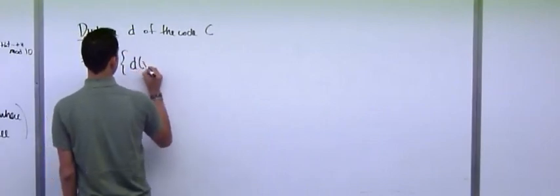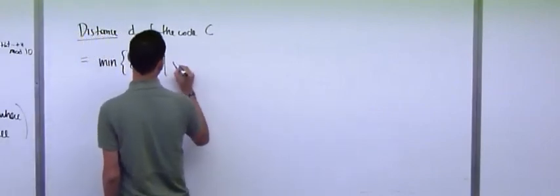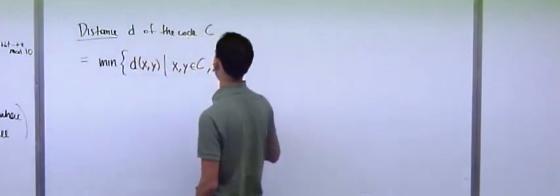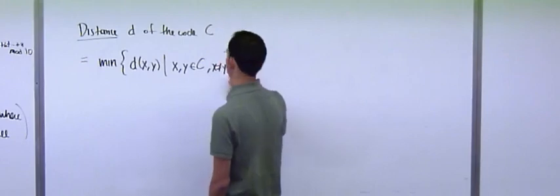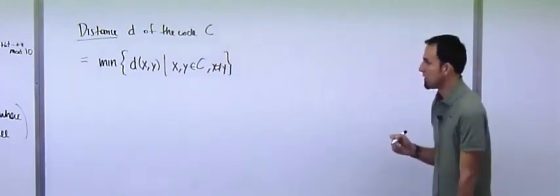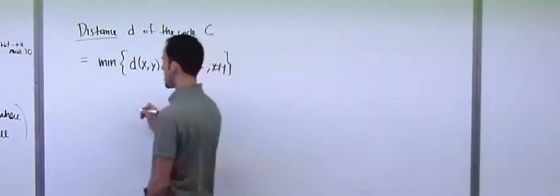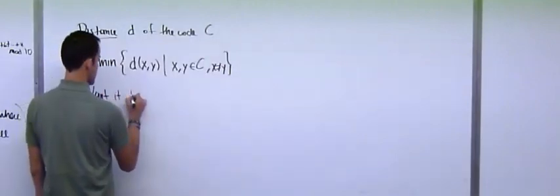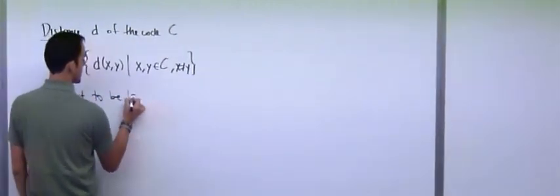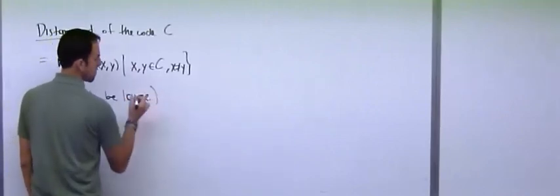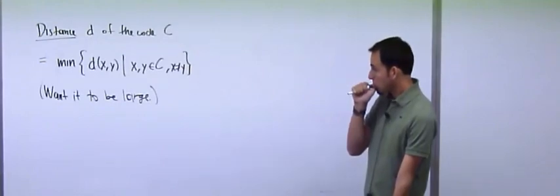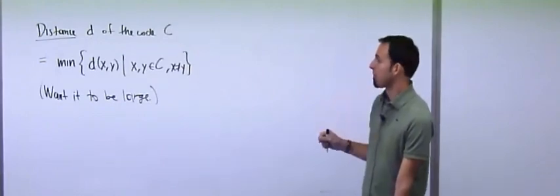The minimum distance between x and y for x and y in C distinct. Okay? And so we want it to be large. We don't want to use words that are close to each other. Okay?